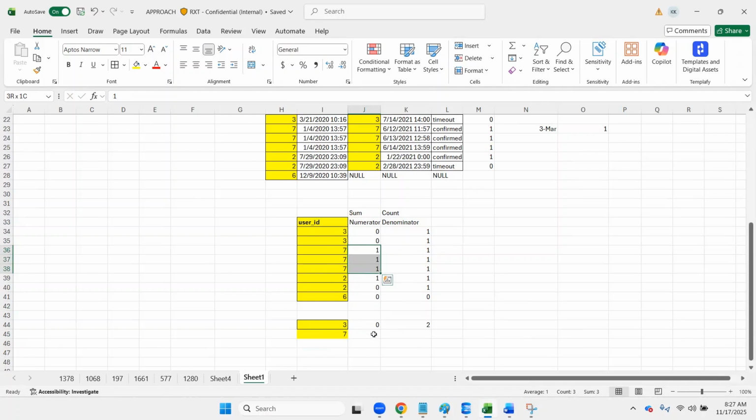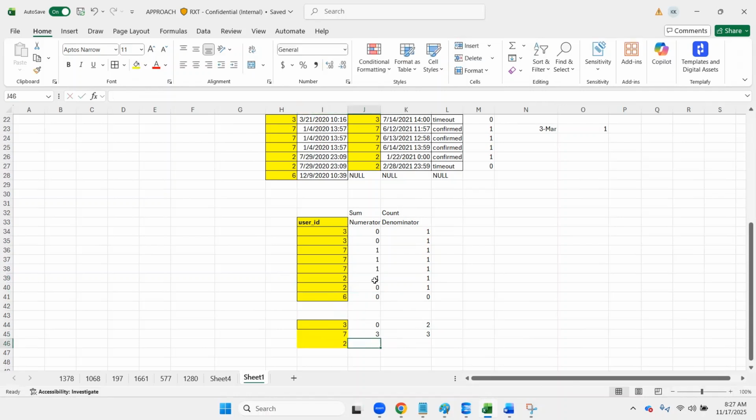Here the count was 3 times, right? Similarly, user 2 tried 2 times, so one is success, one is timed out. I will take 2 with the 1 after aggregation.